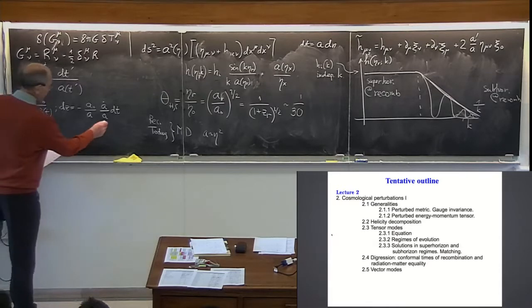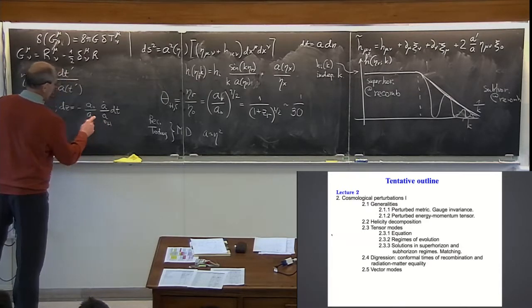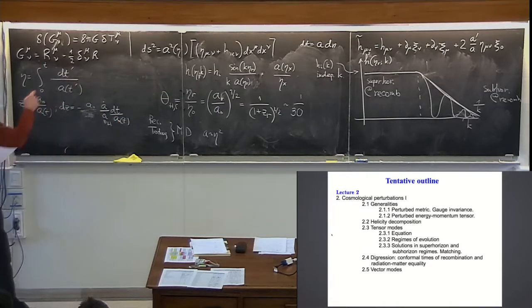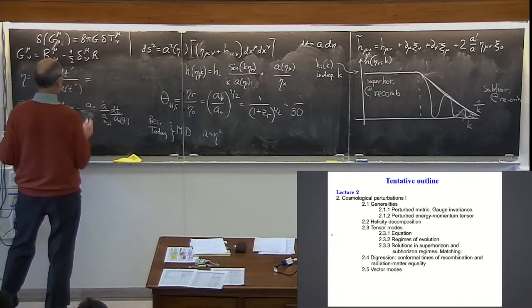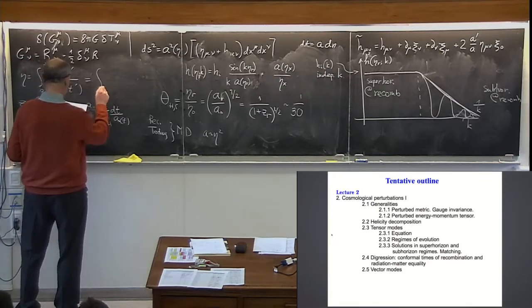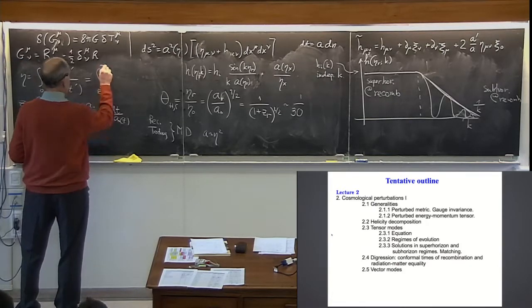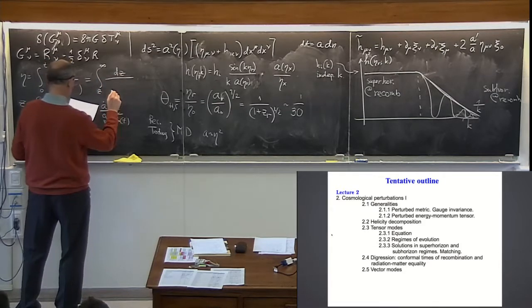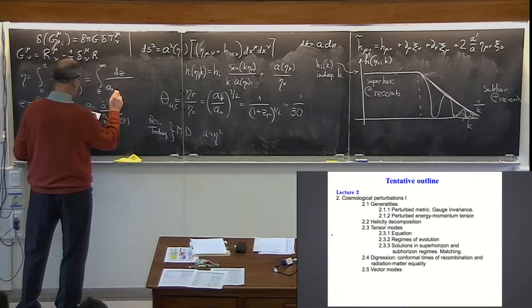This is h. This is dt over a of t. That's precisely what is in here. So my eta can be rewritten in terms of the redshift as the integral from z to infinity dz over a naught h of z.